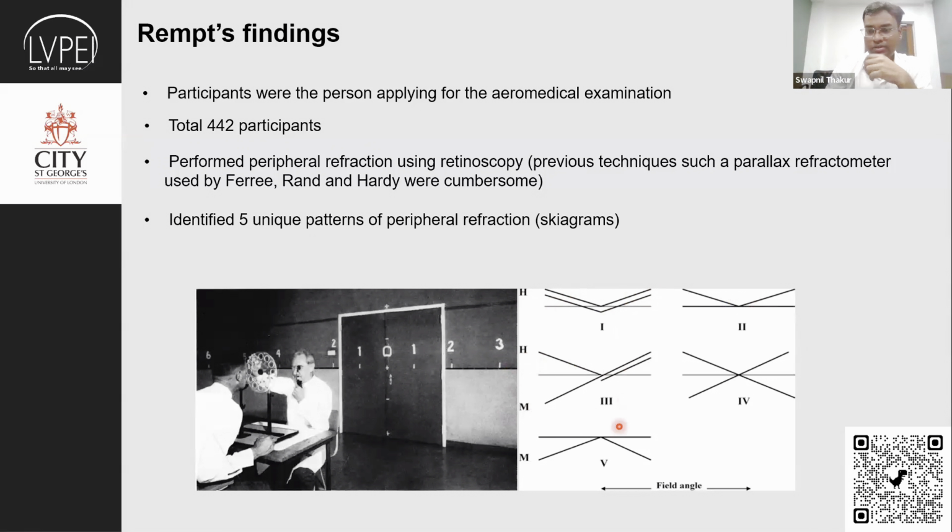In the third pattern, the horizontal meridian shows relative peripheral hyperopia on both sides, whereas in the vertical meridian, one side showed relative peripheral myopia while the other side showed relative peripheral hyperopia. So, using this technique, he gave us five possible patterns of relative peripheral refraction.